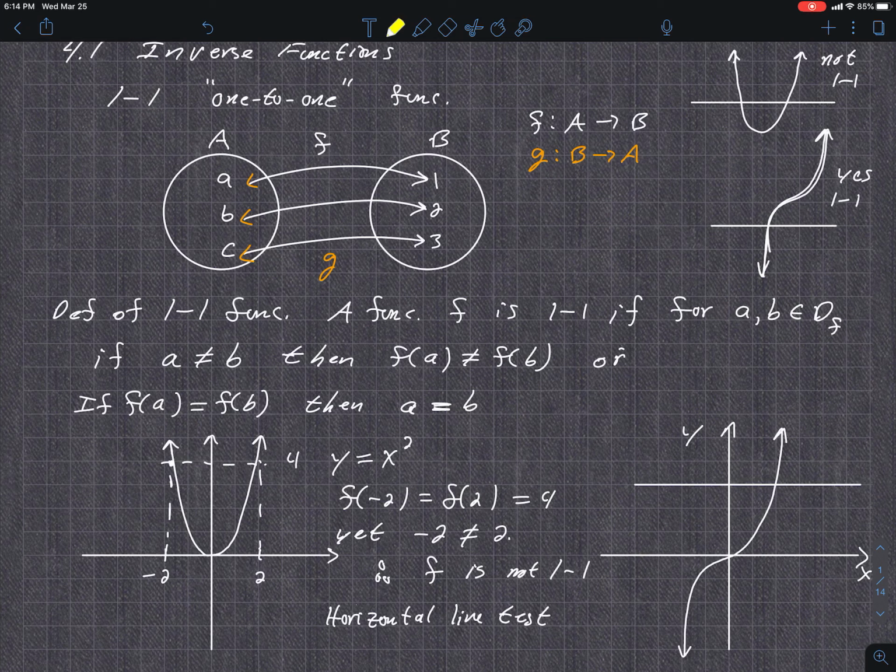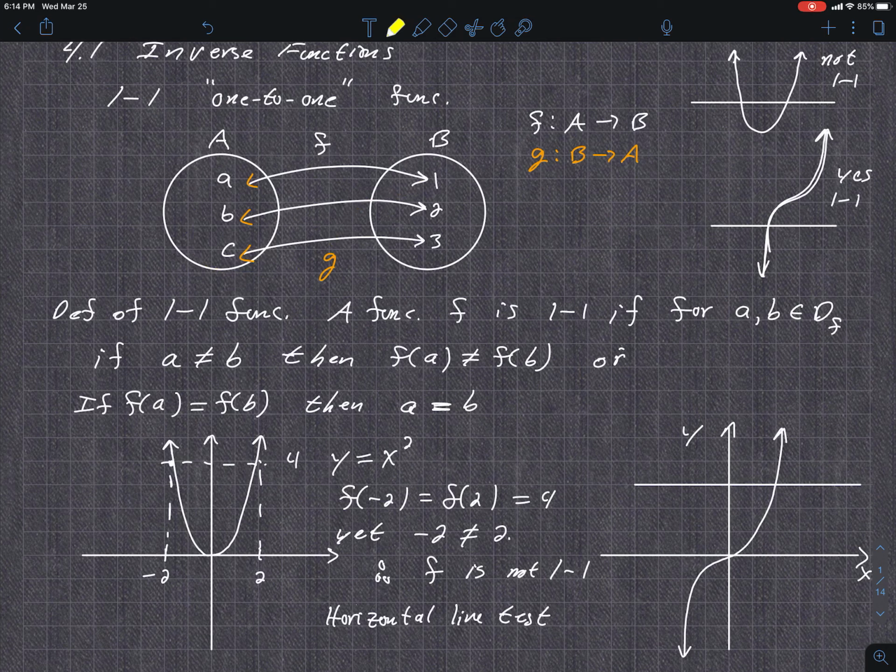But you can have another value over here, say D, going to the same value, like 1. But then if you go backwards, like this, then 1 going to D is not a function. So we're defining one-to-one. You can't have that case in yellow there, so let's get rid of that.